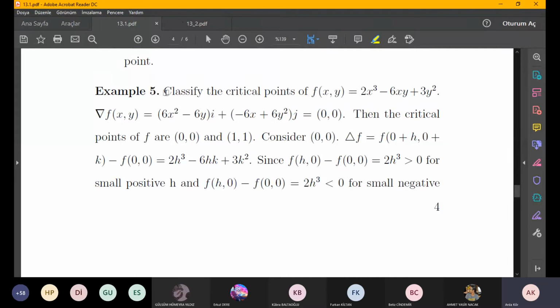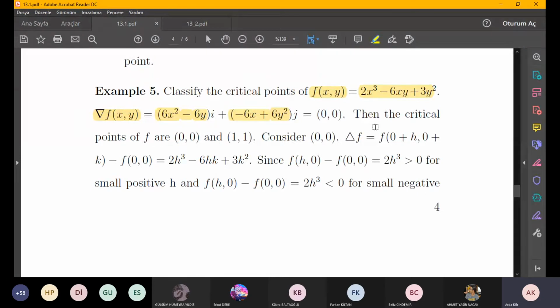Let's give an example to just see the application. f(x, y) is 2x cubed minus 6xy plus 3y squared. First we need to find the gradient of f, which is (6x squared minus 6y) i plus (minus 6x plus 6y squared) j.